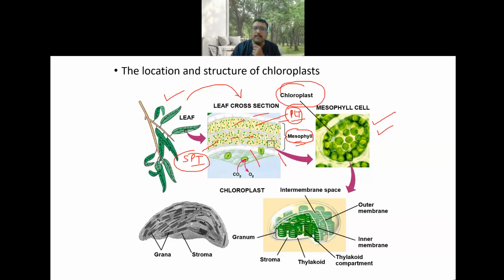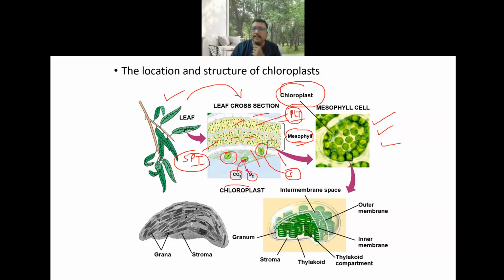The green dot structures are the chloroplasts. And in the lower epidermis, there are stomata also present, which are responsible for the exchange of gases, carbon dioxide entry and oxygen release. This exchange of gases takes place through these stomata.